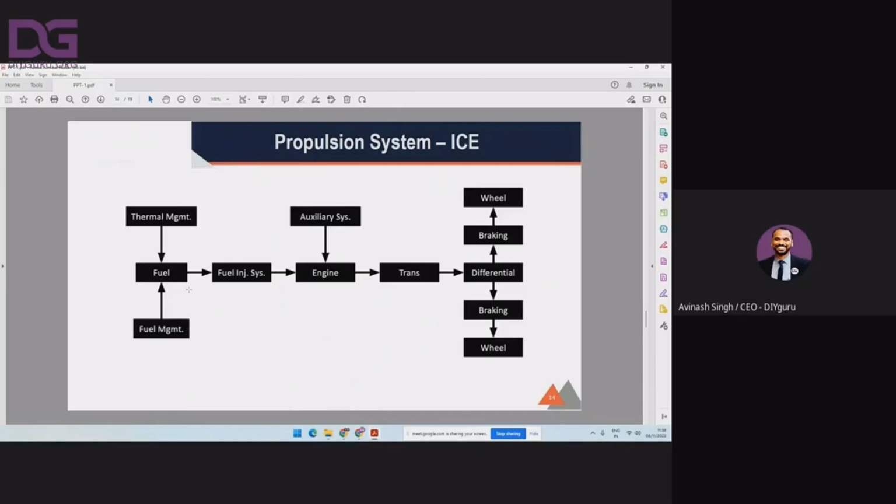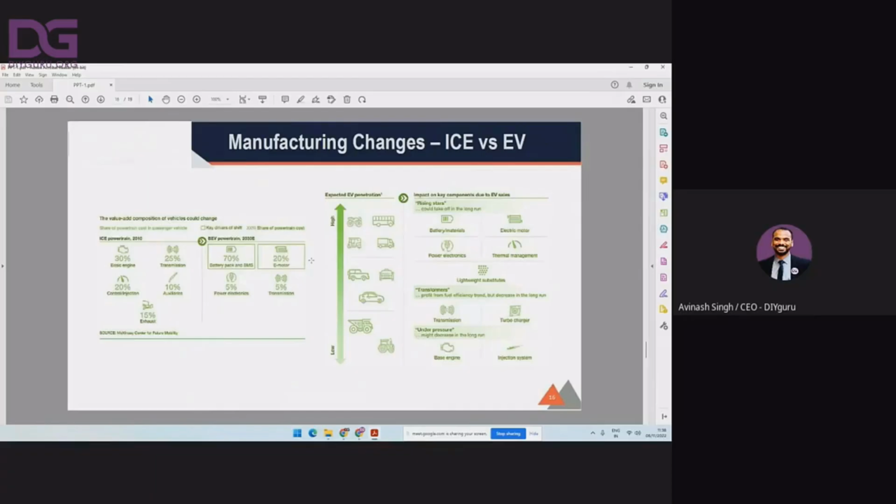So whatever you see here as fuel management in case of IC vehicle is now being transformed to battery and battery management system, and fuel injection system, engine, and transmission are being transformed to inverter and motor. So this is just an analogy of the IC and EV.